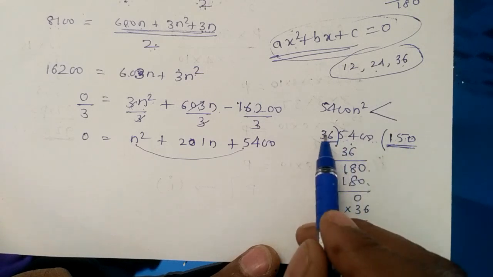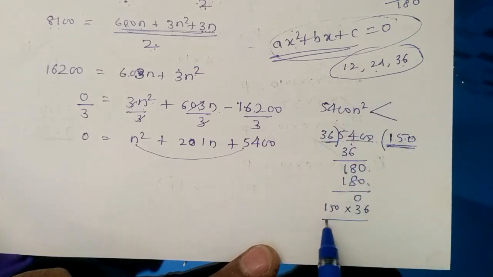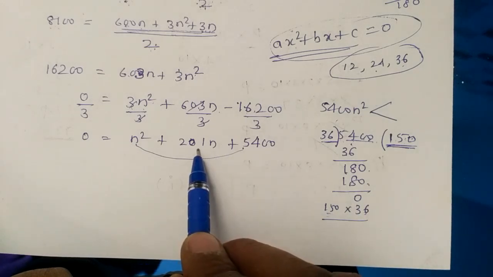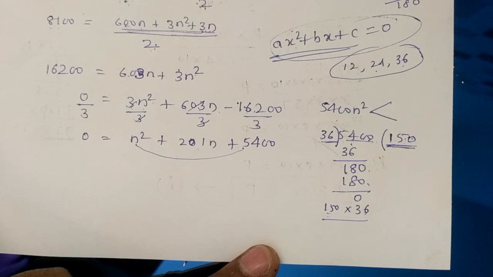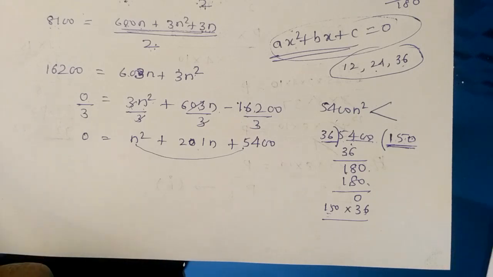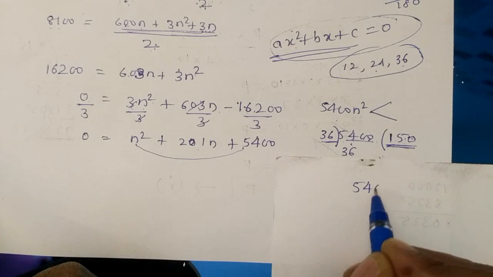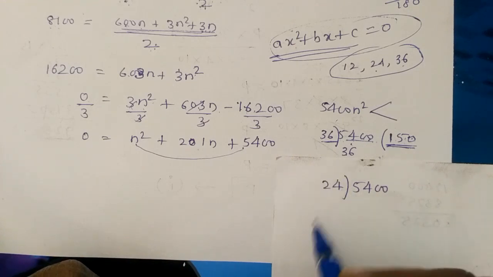But the combination of 150 and 36 will not give you 201. It will not give 201. So what to do now? We'll try from 24 months now. That 5400, you try with 24 now.